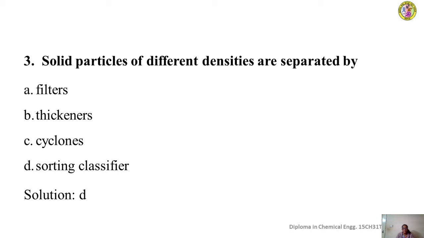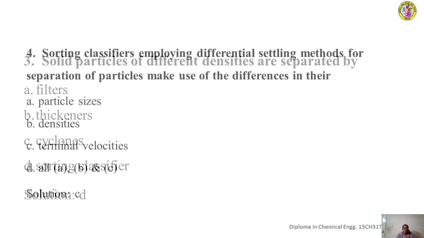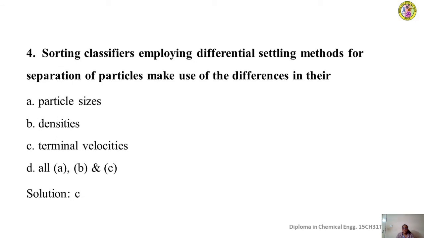So density is mainly used as the property for separating the different particle mixtures into different fractions. Sorting classifiers employ differential settling methods for separation of particles to make use of the differences in their densities. The right answer here is option B.